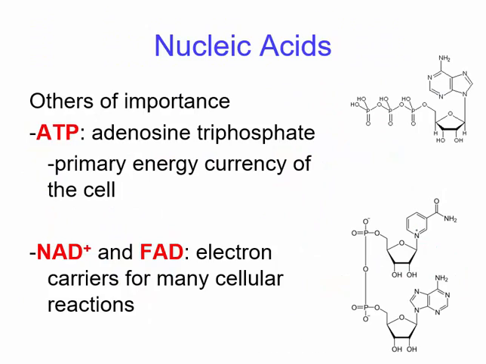A couple of other really important nucleic acids. Well, ATP, we've talked about this one. Energy currency of the cell, that's a nucleotide. So this is like a monomer, a building block of, let's see, is this a building block of DNA or RNA?